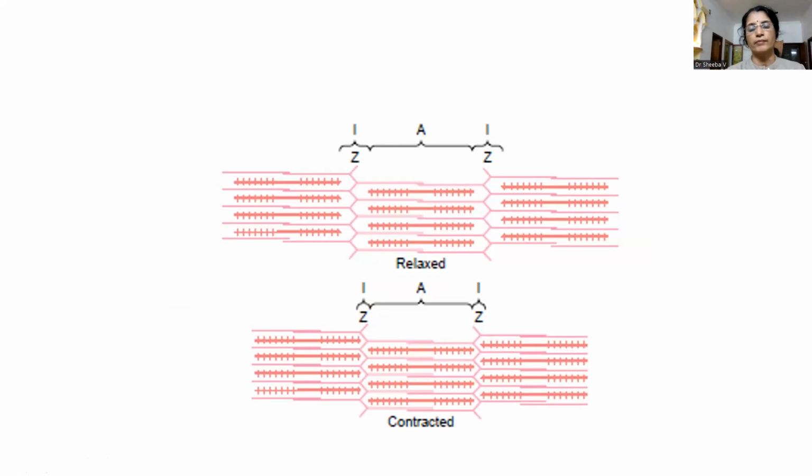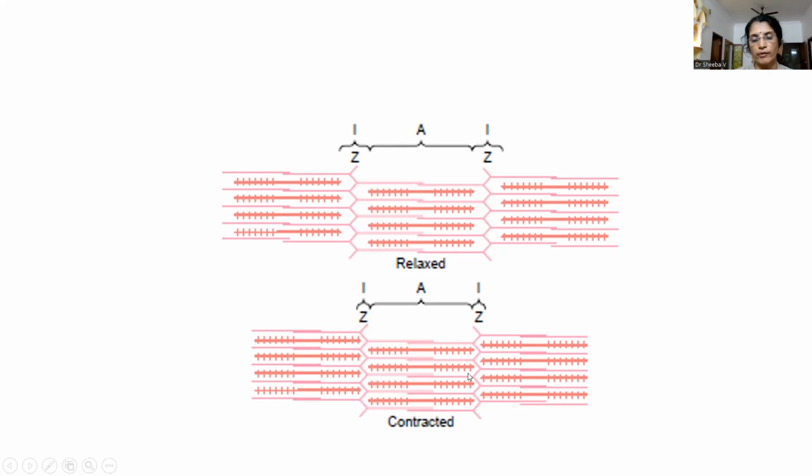This is the skeletal muscle sarcomere, the portion between two Z filaments. In the relaxed state the sarcomere has a length of about 2.5 to 2.8 micrometers, and here is the contracted state. You can see the difference.